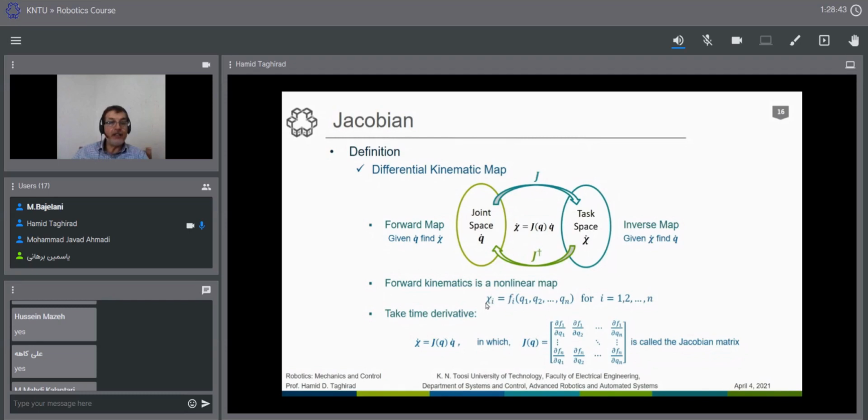If we find the forward kinematics in terms of a loop closure equation, as we defined for many different robotic systems, usually the position of the end effector is a function of q1, q2 to qn, the joint variables, and so we have the task variable here.